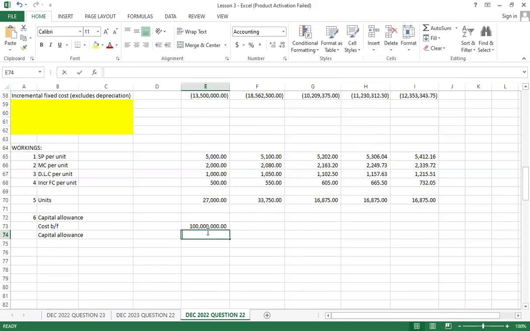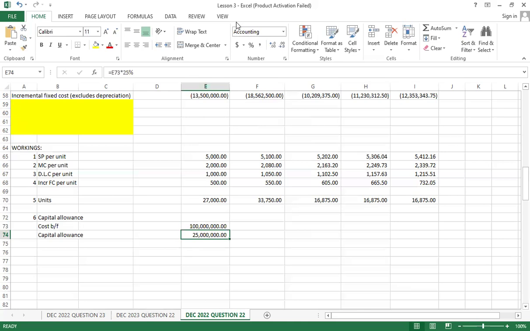And that will mean that you take the cost of 100 million and multiply this by 25%. That means that the capital allowance for period 1 is 25 million.